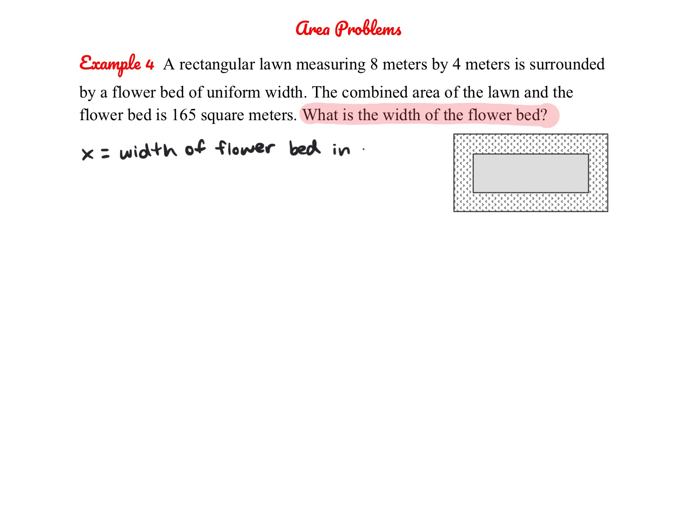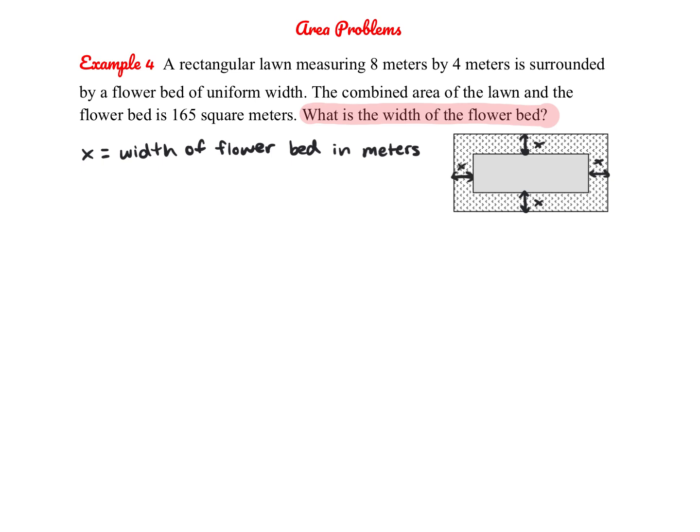So this one is going to be in meters, because all of the units in the problem are in meters. So x is the width of the flower bed. You have to define your variable. So that means that this distance is x, this distance is x, and so are these distances.